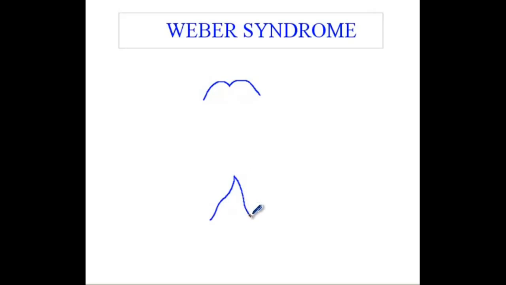This is sort of a rough sketch of the midbrain.